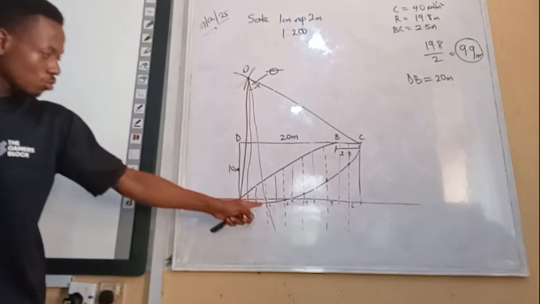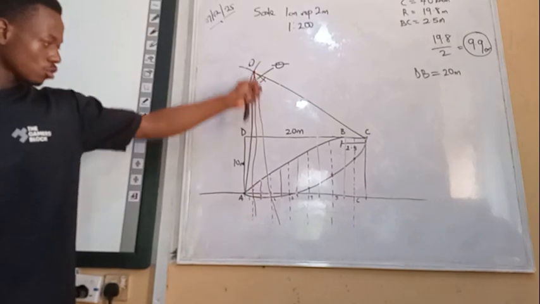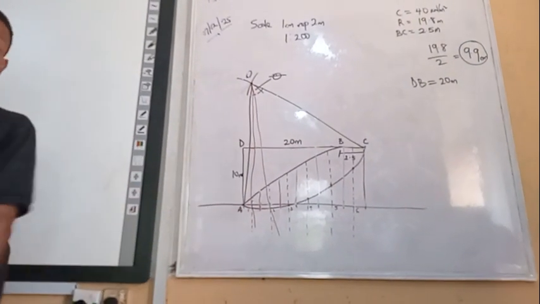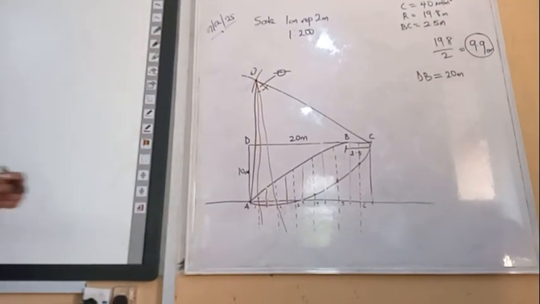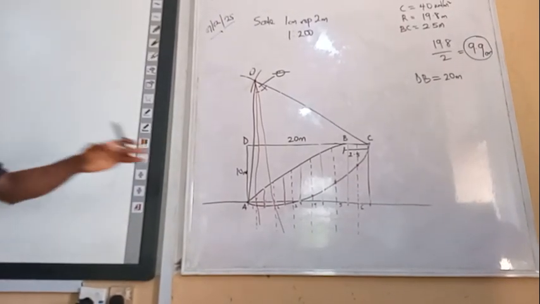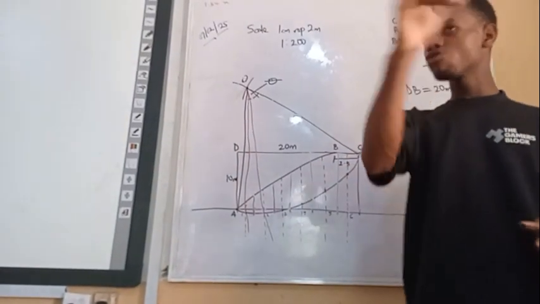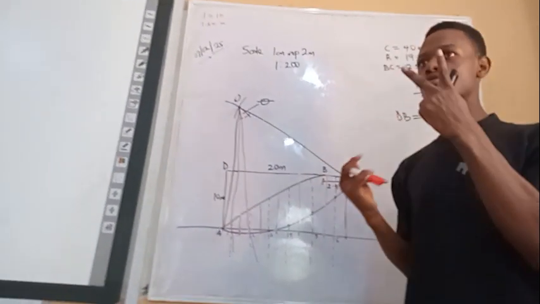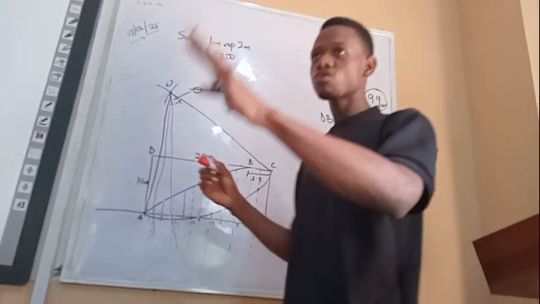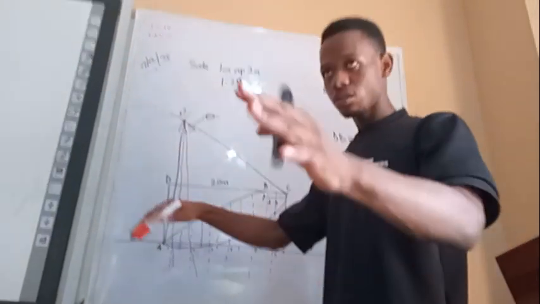From 0 to here to here. Because I'm only trying to draw to scale, it's not really correct. That's the reason why I don't have any negative. But when you do yours, you are going to have at least 2 negative values. Once we start measuring, I will go back to that.